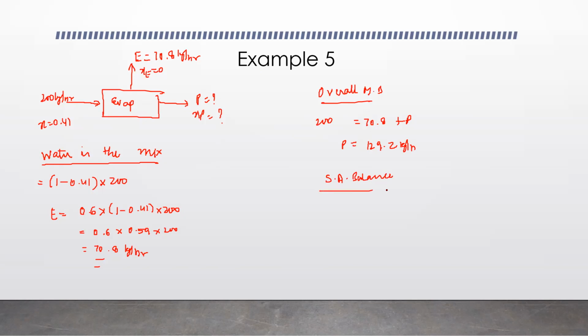So 0.41 into 200 is equal to XP into 129.2. Now this is solvable, since we have already got P from the above equation. So XP we get as 0.41 into 200 upon 129.2, that is equal to 0.6347.